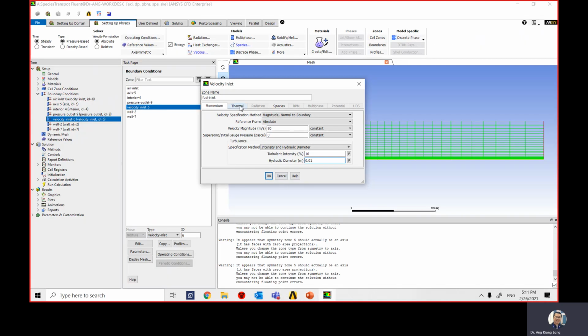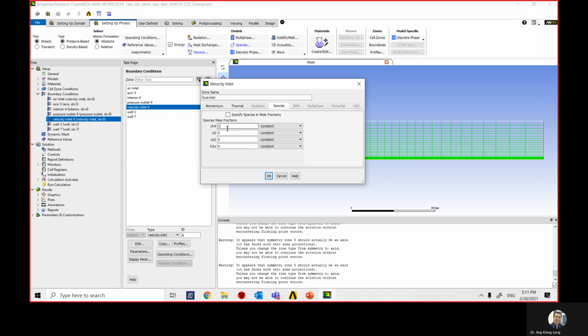After that, you go to thermal and check the temperature. The temperature will be 300 K. Then you go to species, and at your fuel inlet your species is CH4, right? So CH4 is 100%, so put in 1.